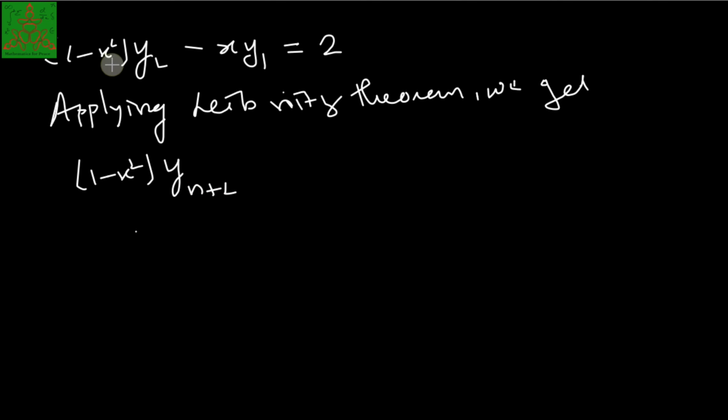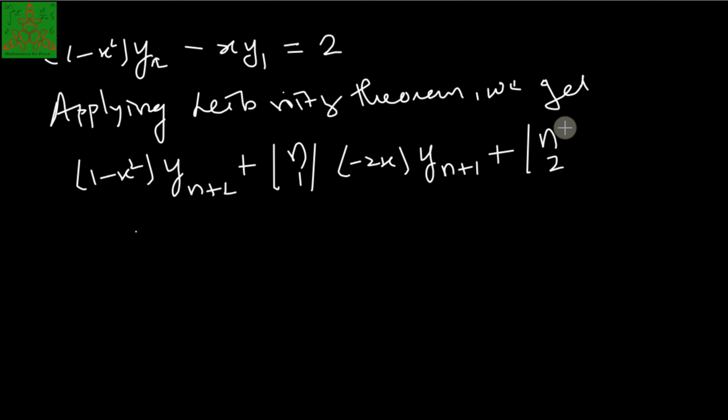So I am applying the product rule. 1 minus x square as it is, the nth derivative of y2 will be yn plus 2, plus nC1 of the first derivative of this quantity, that is, the derivative of 1 minus x square is minus 2x, into the n minus 1th derivative of y2, which is yn plus 1, plus nC2, the derivative of minus 2x is minus 2, into the n minus 2th derivative of y2, which is yn. So we are left with this, that is the derivative of the first term.